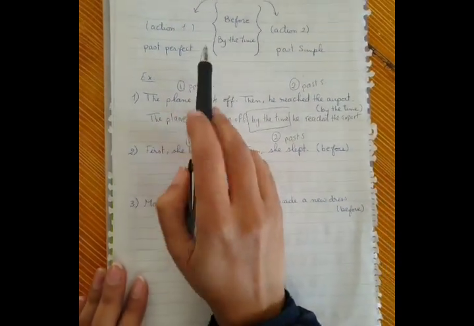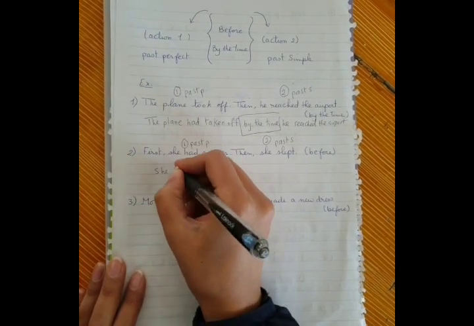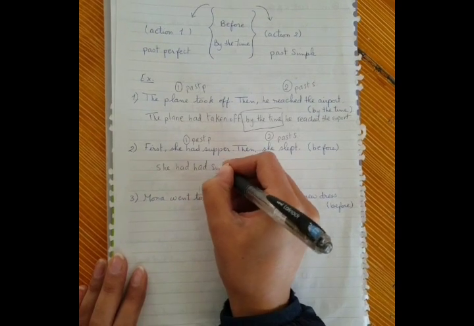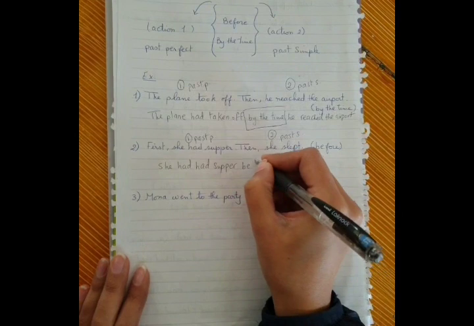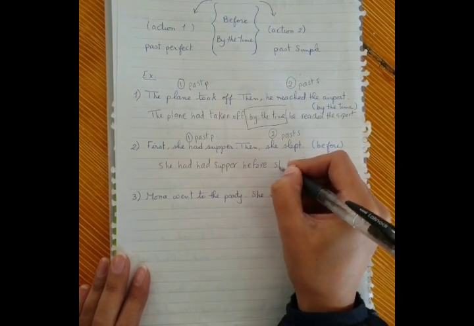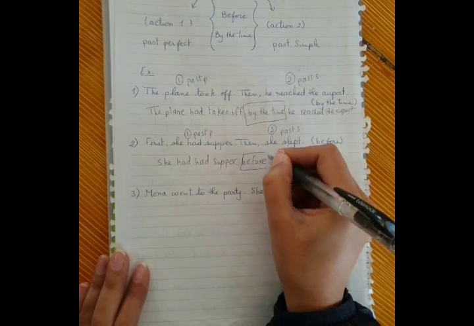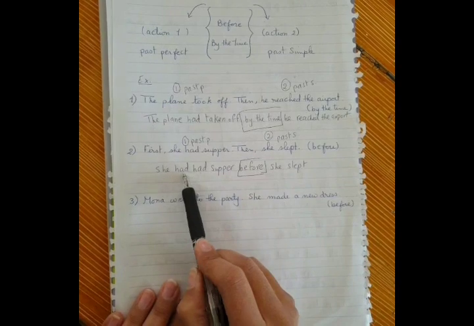Okay, we will start by action 1. It will be she had supper before she slept. Of course, you are going to ask me, Miss, what's had?